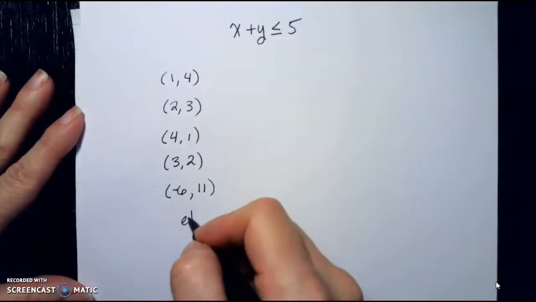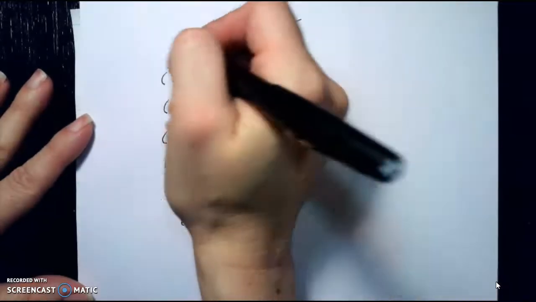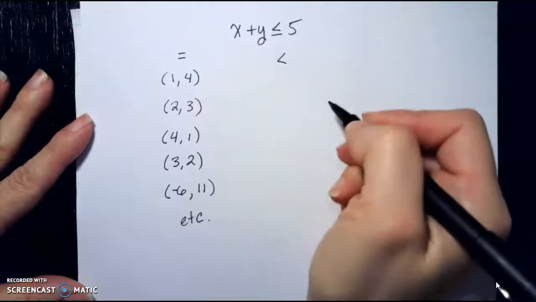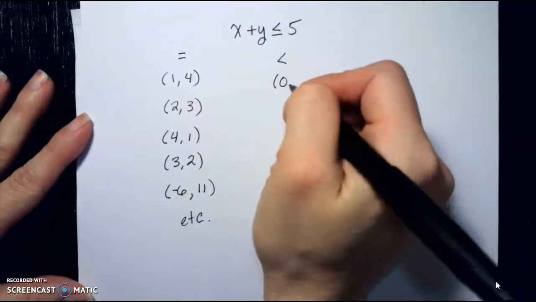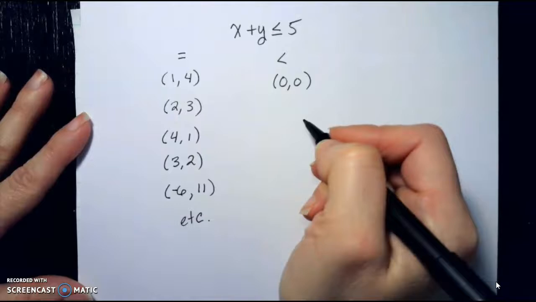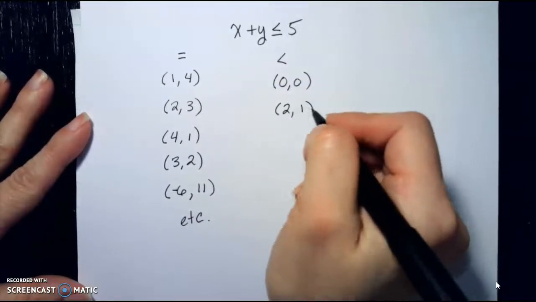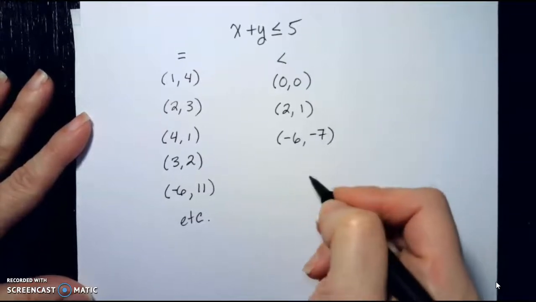So this keeps going. If we want to look at when we're less than, let me label these. This is the equals case, and I can look at the less than case. If I want the sum to add up to something less than 5, it could add up to anything. (0, 0) is a solution. If I add those, it's less than 5. (2, 1) is a solution. (-6, -7) is a solution.